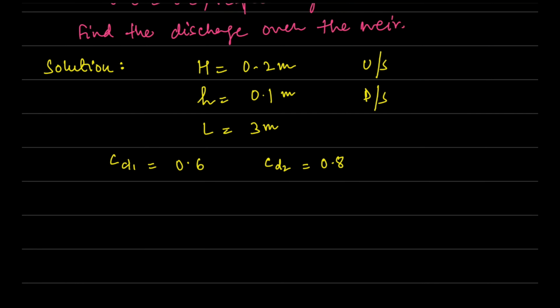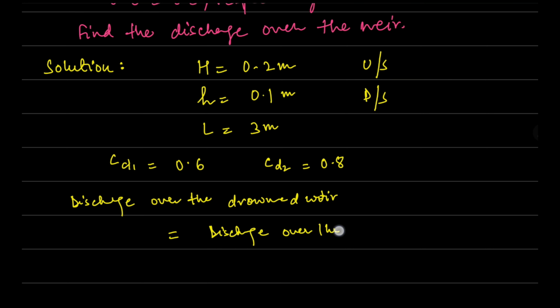Now if we write down the formula for the discharge, so discharge over the drowned weir will be counted into two portions. So this is the summation of the discharge through the free portion and discharge through the drowned portion. So the discharge over the free portion plus discharge over the drowned portion.